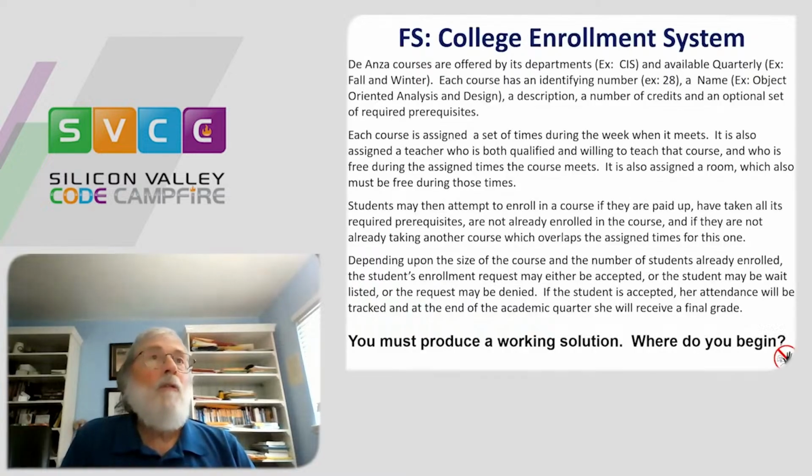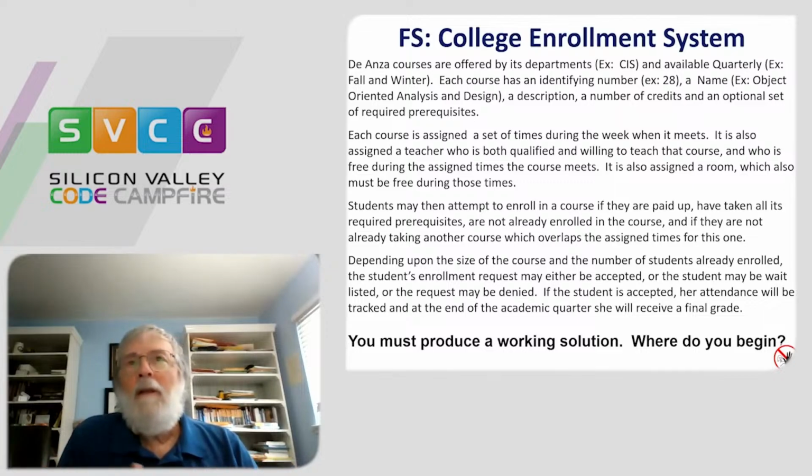So here is the description of a college enrollment system. It's particularly tied to De Anza, the college that I teach at. De Anza courses are offered by departments, available quarterly. There's an identification number, and it has a name like object-oriented analysis and design, description, number of credits, things about the course that's being offered.